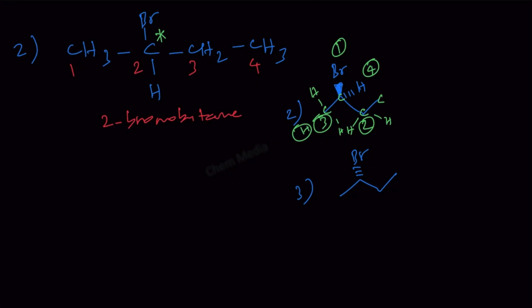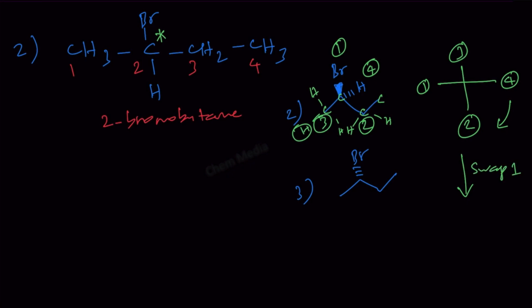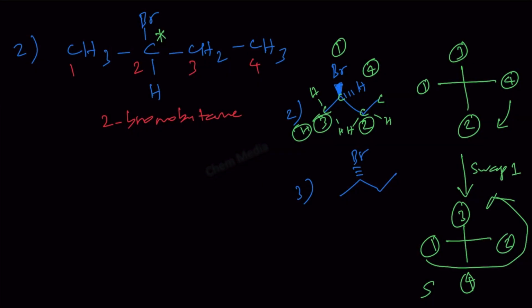So, let us convert this into Fischer projection. Bromine is towards us, so that is 1, hydrogen is here, 3 on top and 2 on bottom. We can't assign absolute configuration this way. So, let us bring the 4 down. We have to put the least priority group down to assign the absolute configuration. So, 1 here, 4 here and then 2 here, 3 here. So, this is counterclockwise. This means the original is R because we did one swap.